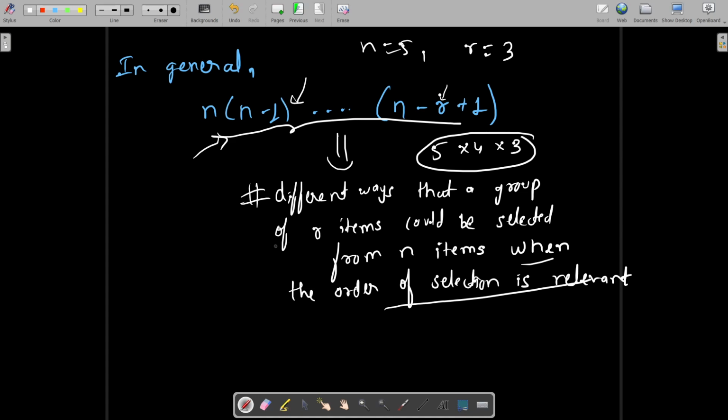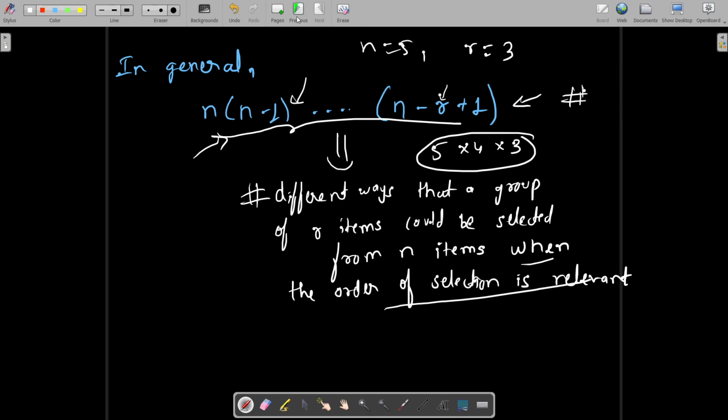Now for each group that we form, these are the total number of ways, right? As I said, I'm just repeating it in a generalized form, that for each group of r items that we form, these are the total number of groups of r items from n items. So what happens is that all r items will be counted r factorial times.